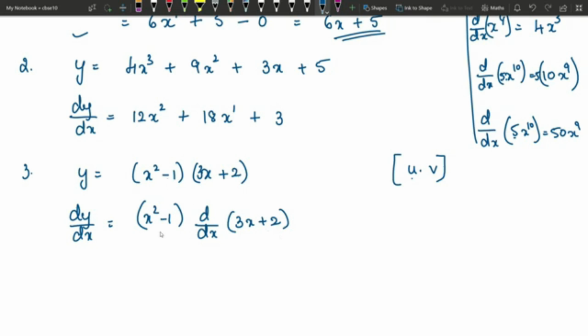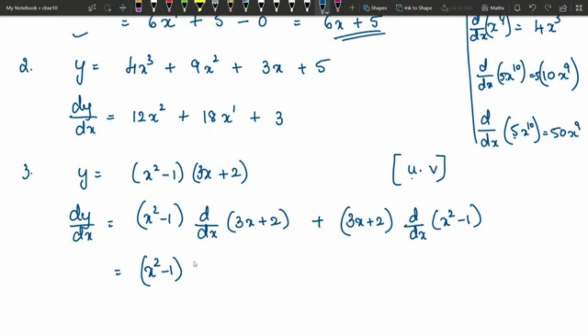First function I have written as it is. Derivative of the second function plus, now the second function you write as it is, which is 3x plus 2, into the derivative of the first function. Now this first function is written as it is. Now, the derivative of 3x plus 2.